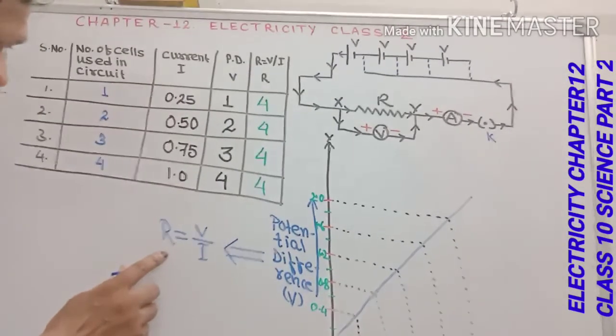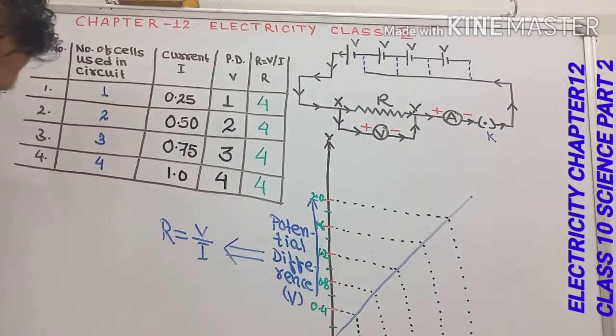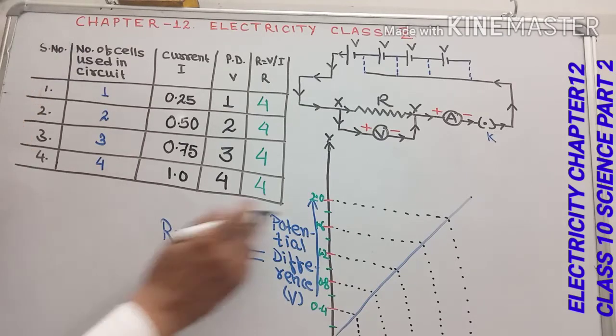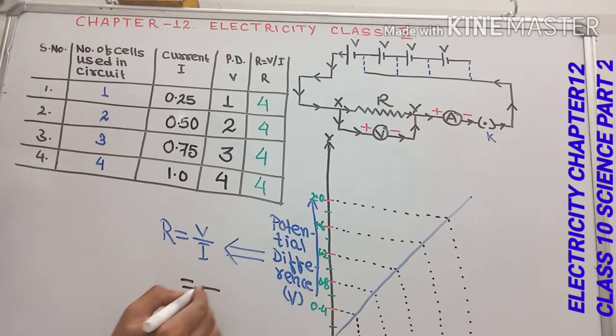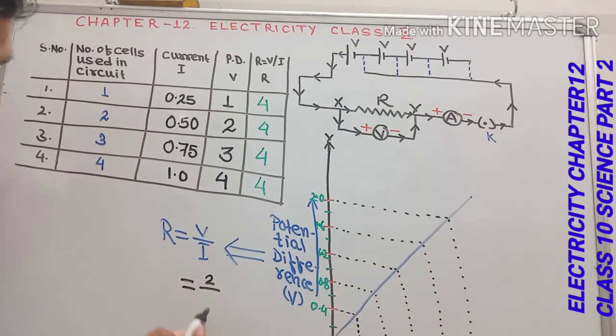According to Ohm's law, we can say R is equal to V upon I, and the value of R will be, if we take any value from this graph, suppose we take 2 volt, and at 2 volt the line of the current is 0.5 ampere. So we place here 0.5 ampere.